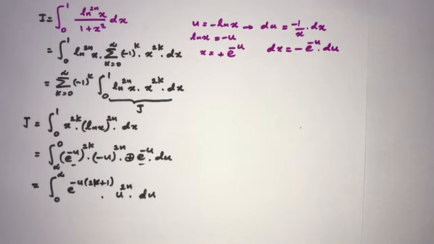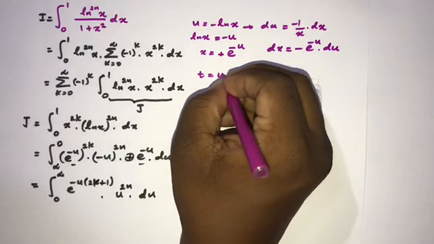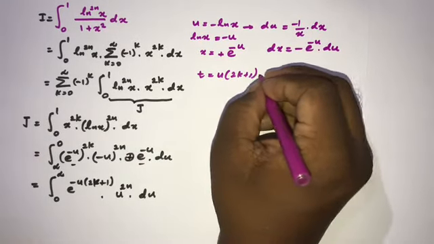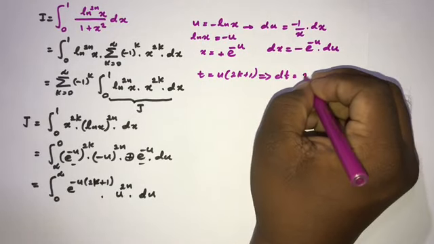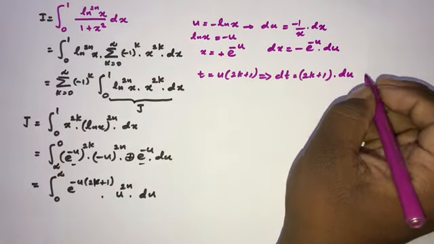Then to evaluate this integral, again we can take a substitution. Let t be equal to u times 2k plus 1. Then dt is equal to 2k plus 1 times du.